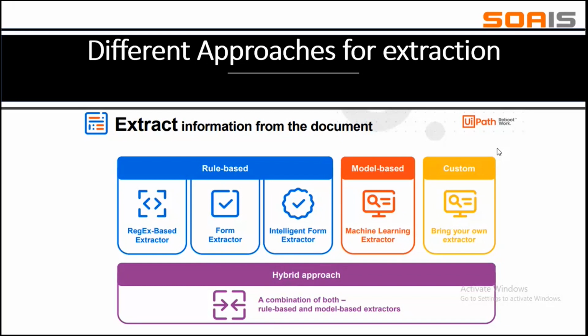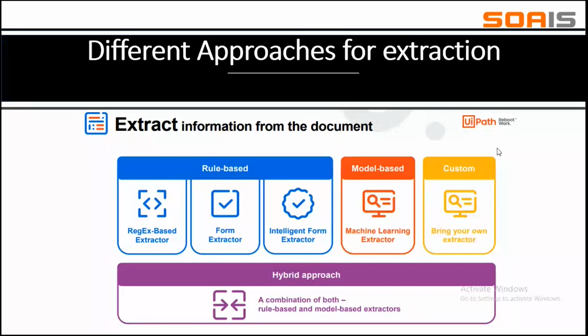We go for rule-based extraction when you are extracting information from a structured form type, where you have the regex-based extractor, form extractor, and intelligent form extractor. The name itself is self-explanatory for the regex-based extractor, so I'm not going to touch more on it.